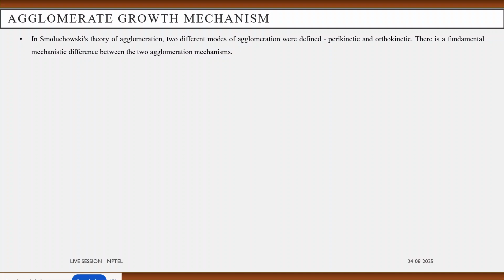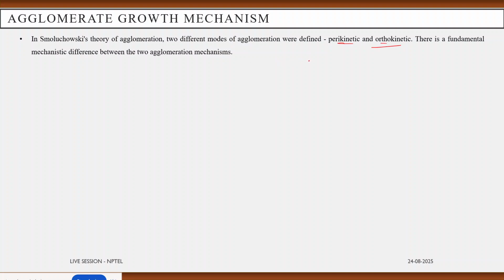In the Smoluchowski theory of agglomeration, two different modes of agglomeration were defined. One is the perikinetic and the other is the orthokinetic process. There is a fundamental mechanistic difference between these two processes.